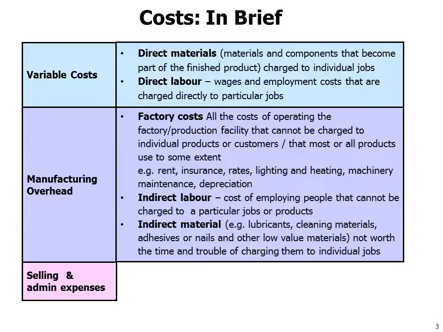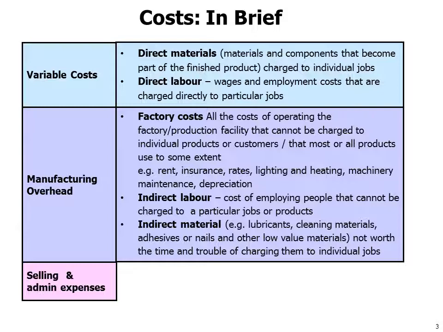Examples of this include rent, insurance, property rates, utilities such as lighting and heating, machinery maintenance and depreciation of machinery. We've also got indirect labour. This is the cost of employing people such as supervisors and factory management that cannot be charged to a particular job or product.